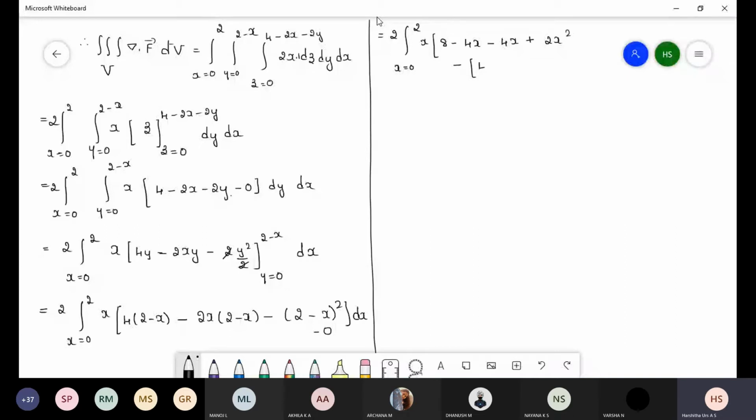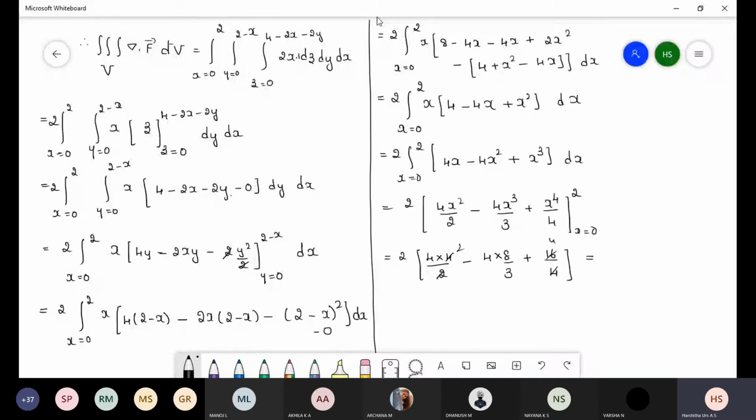So here 2 ones are 2, 2 twos are 4, 4 ones are 4, 4 fours are 16. So what we get here, 2 into 8 plus 4, because 4 twos are 8, 8 plus 4 is 12, minus 4 eights are 32 divided by 3.